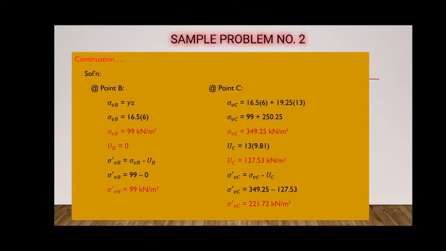If we multiply each of those, we have 99 plus 250.25. If we add that, we now have our final answer for total stress at 349.25 kilonewton per meter squared.